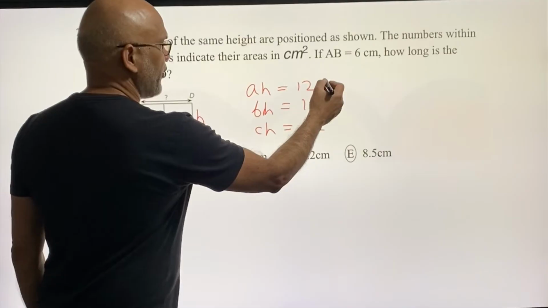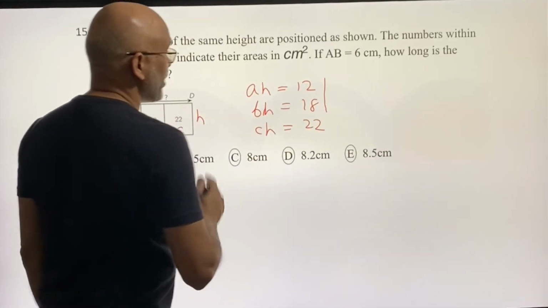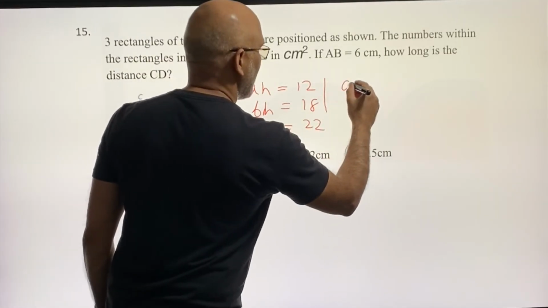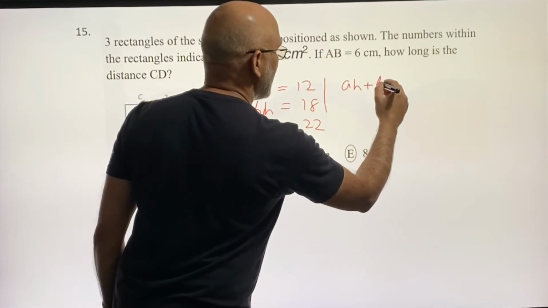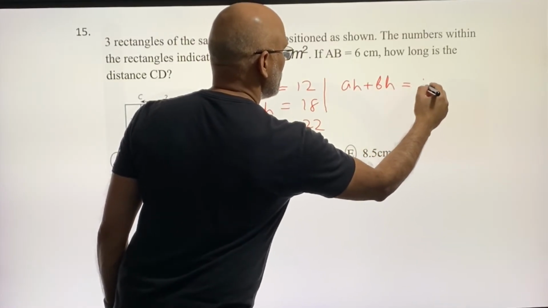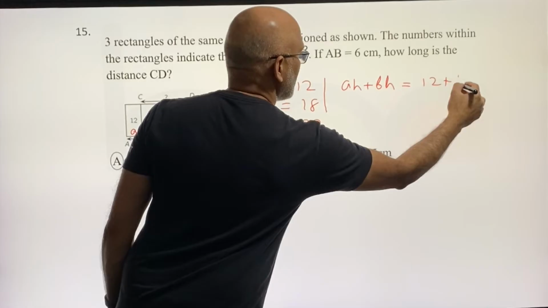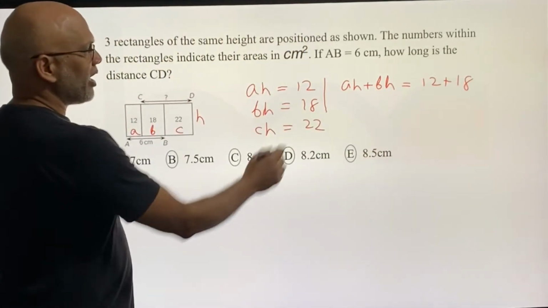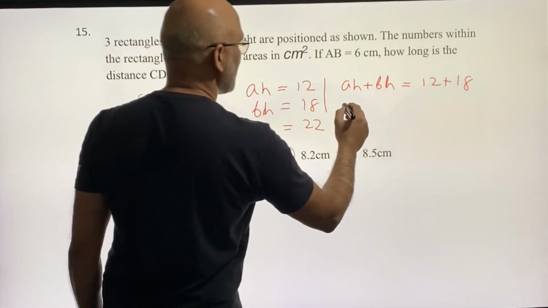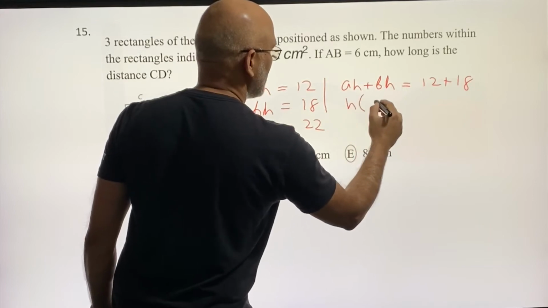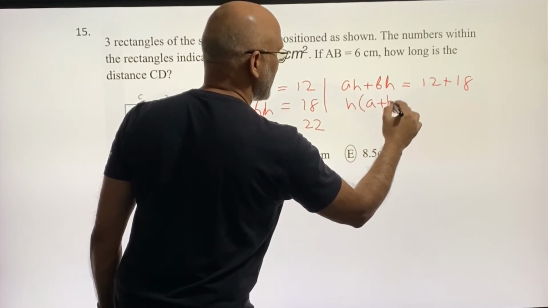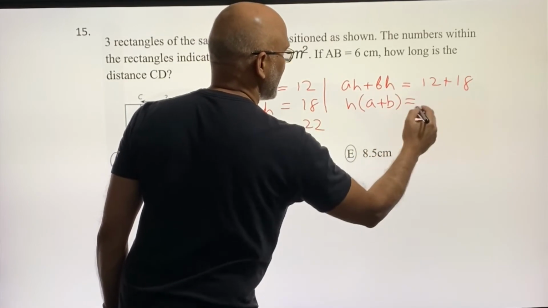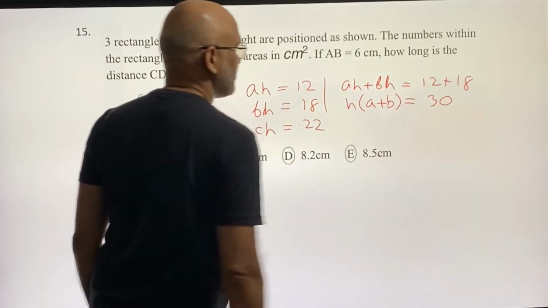Alright, if we take these two equations and add them together, it is A h plus B h is equal to 12 plus 18. Now if I apply the distributive property here, h times (A plus B), 12 plus 18 is 30, right?